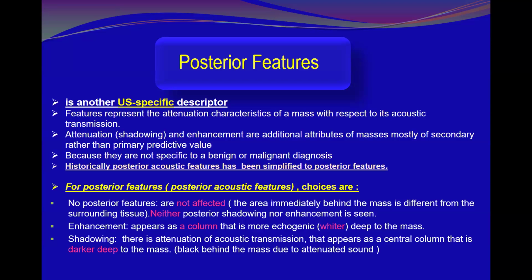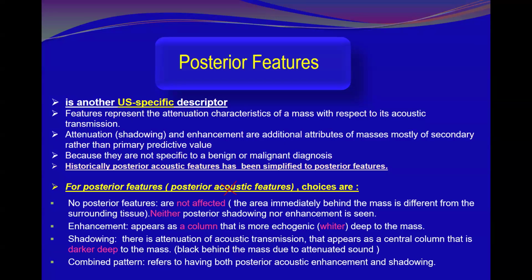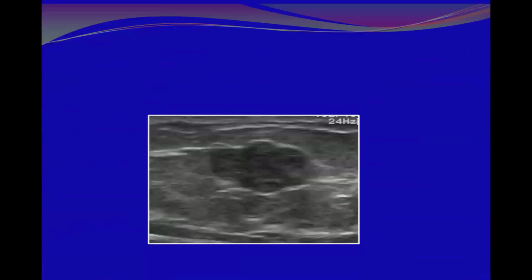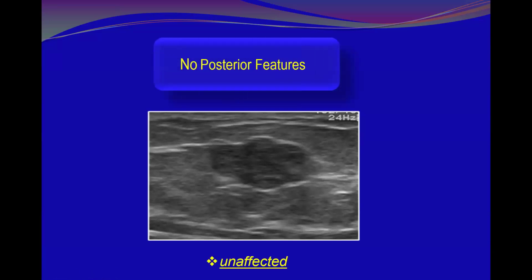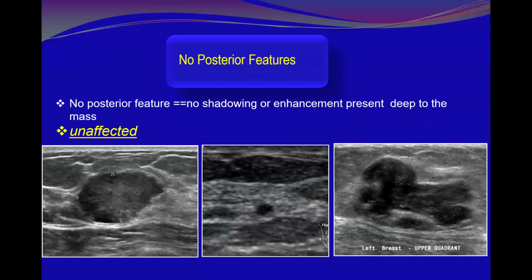So posterior to the mass there is a black area due to sound attenuation, or we have a combined pattern, both attenuation and enhancement, or even part of which is not affected. We're looking for this. There is no difference posterior to the mass from the surrounding tissue. So this is unaffected or no posterior features.